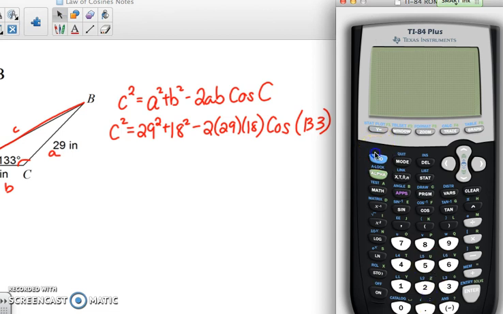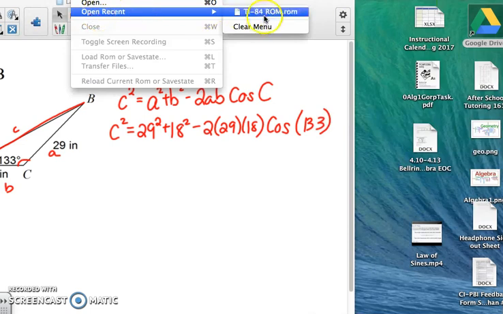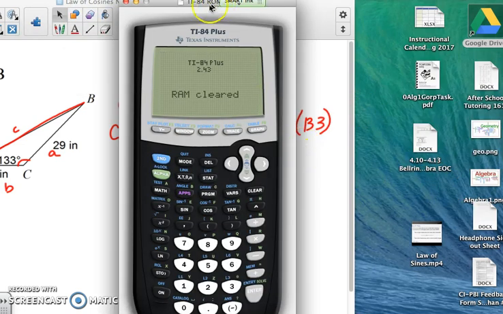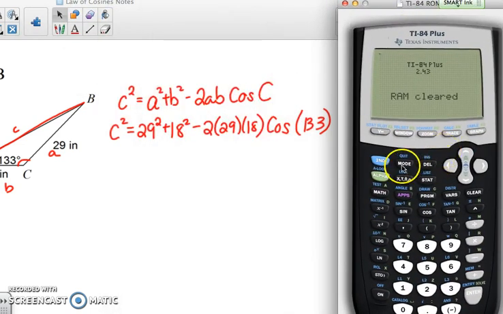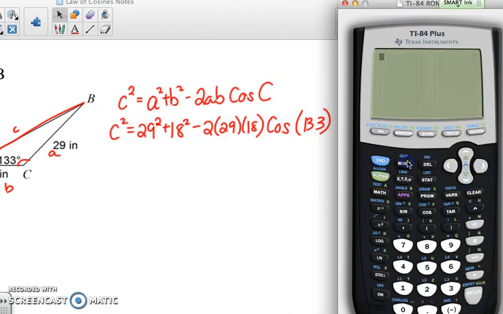My calculator's not working. So first off, make sure you are in degrees. All right, so 29 squared plus 18 squared minus 2 times 29 times 18.